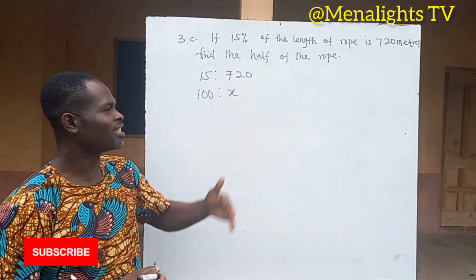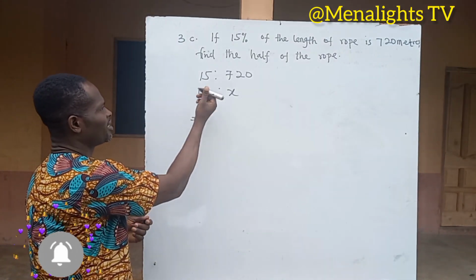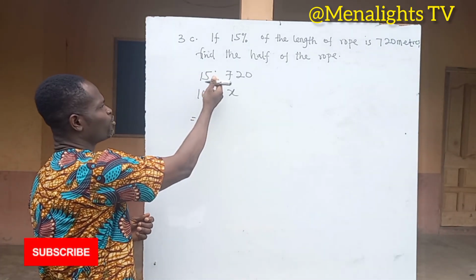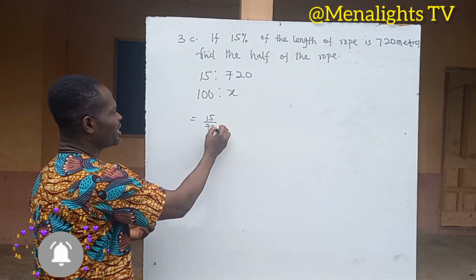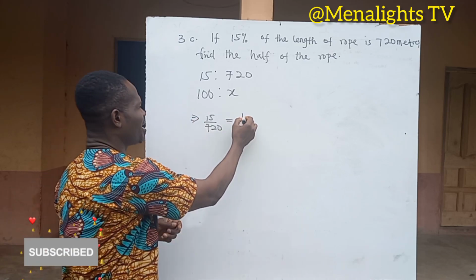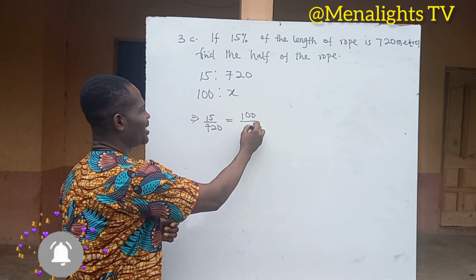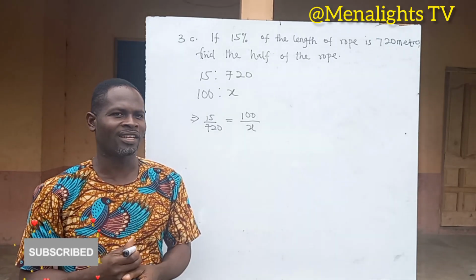This can be written as 15 over 720, which is the same as 100 over x.